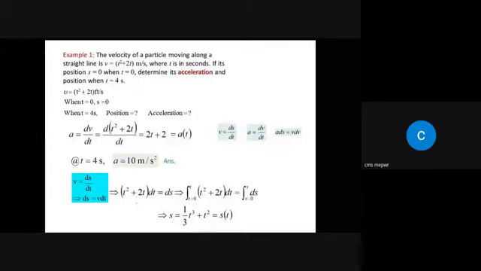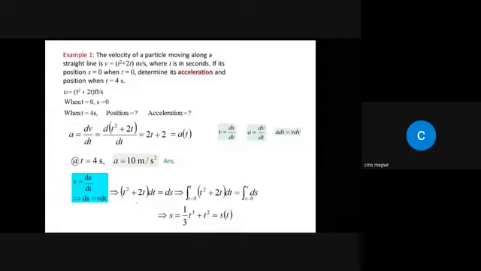So we need to integrate it from time t is equal to 0 till whatever the time limit. In this case, the time limit is basically 4 seconds, so it would be from 0 to 4. And the displacement initially was 0, and now we are having a certain displacement s. We basically want to find out that displacement.